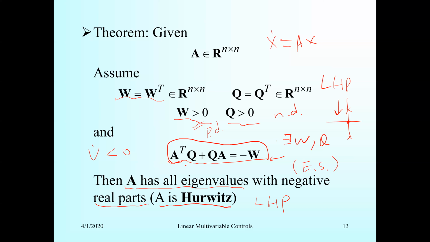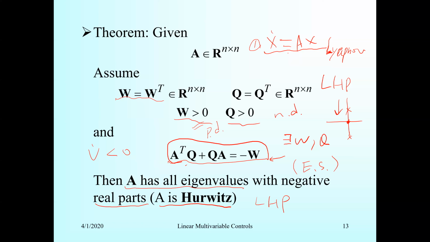So you may wonder what we are doing here. I already told you we don't have to solve the differential equation. Using the Lyapunov function, the Lyapunov theorem, we can check the stability without solving this.